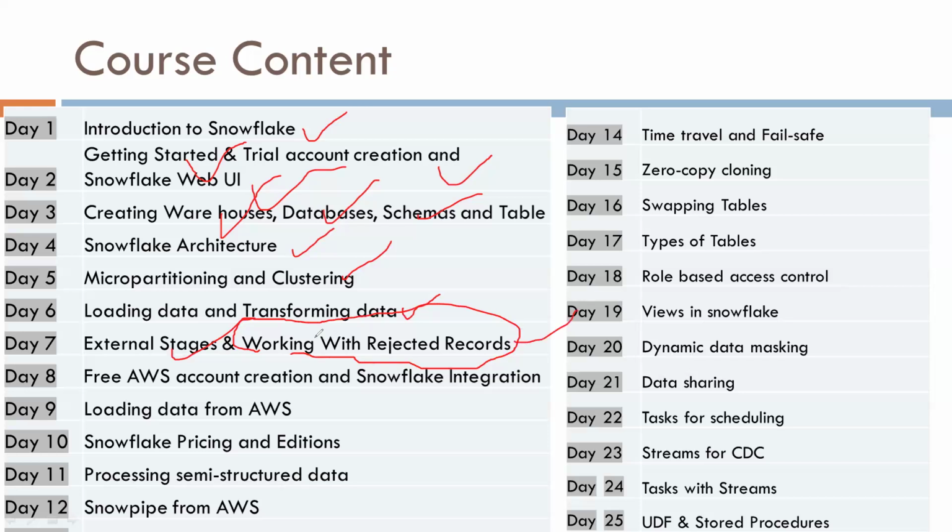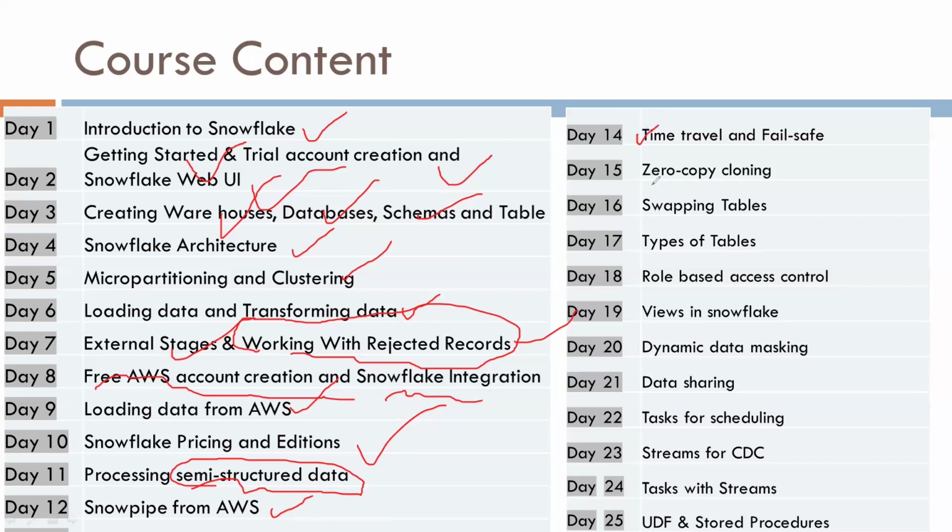If you have some bad data, how are we going to work with it? AWS account creation and AWS integration, how to load the data from AWS, how Snowflake pricing and editions work, how to process semi-structured data like JSON or Parquet, and Snowpipe from AWS: how we create a pipe and load continuous data from one location to another.